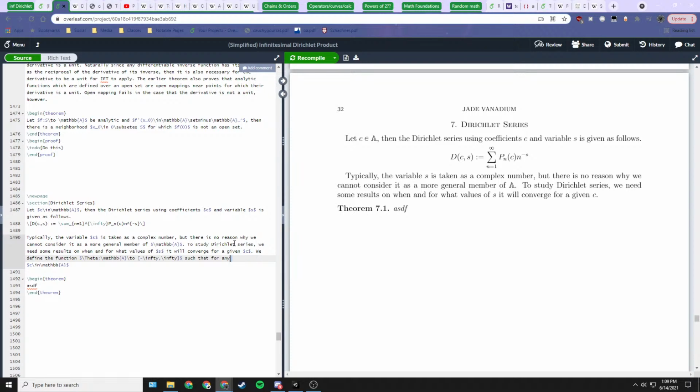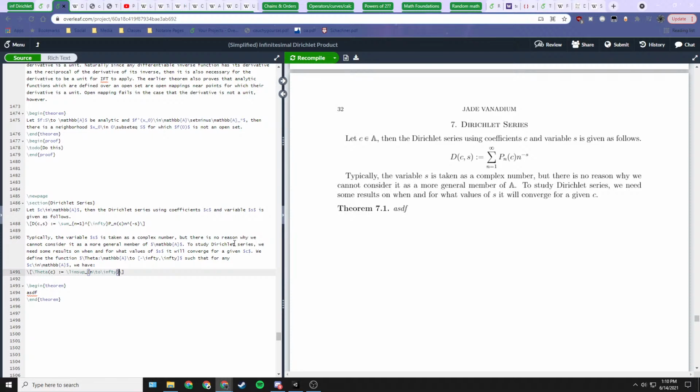So for any C, we have this definition. Theta of C is defined as, similar to the root test, a lim sup as n goes to infinity.